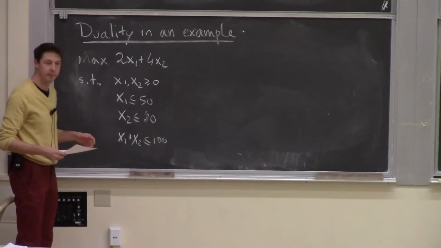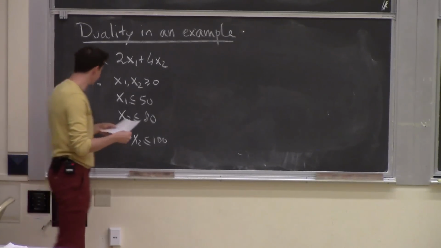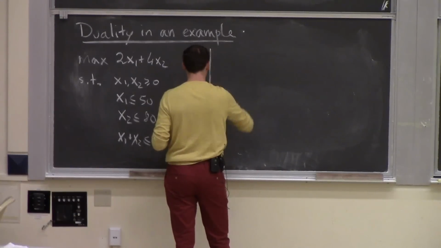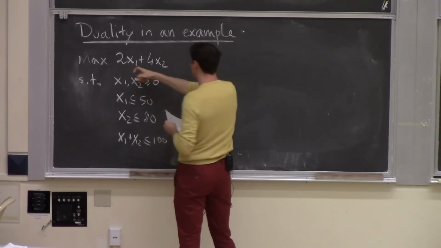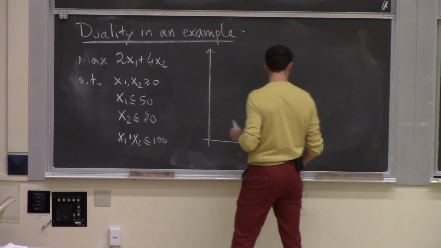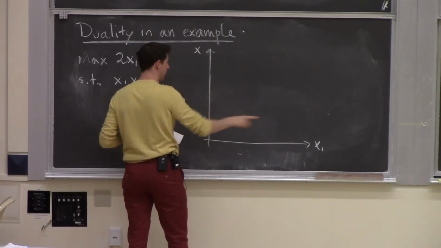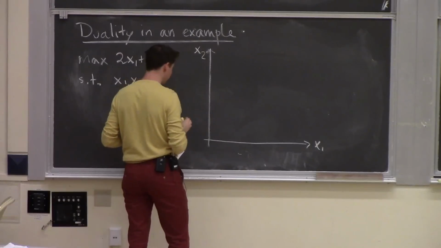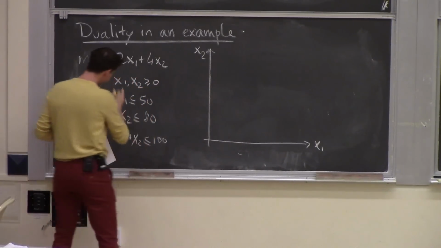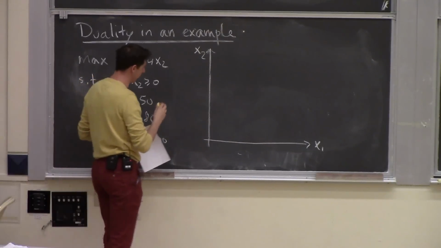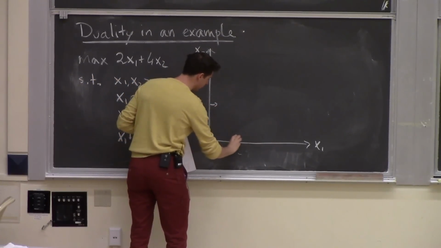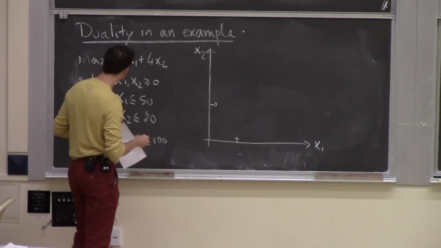And then we had a final constraint saying you cannot fit more than 100 things in your cart. We also had a figure for this linear program because it has only 2 variables, so we can draw it in the plane, associating one direction with x1 and the up direction with x2. Each of these constraints gives rise to a half plane. The non-negativity says stay in this quadrant.